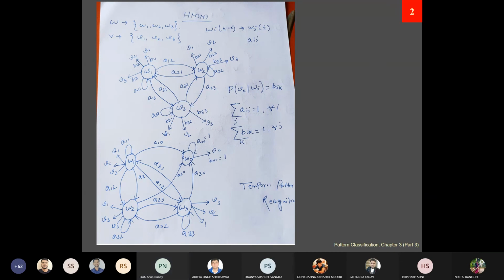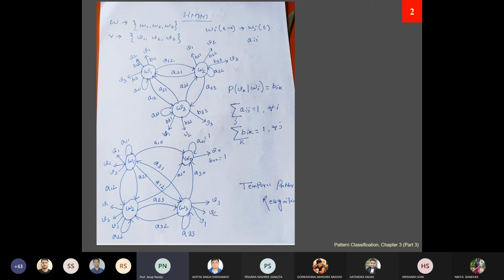Then to W2, and to W3 with transition probability A13. Here Vk means observation sequences, V1, V2, V3, Vk, as I already told you, and Wj. So given Wj, what is the probability that it generates the observation?